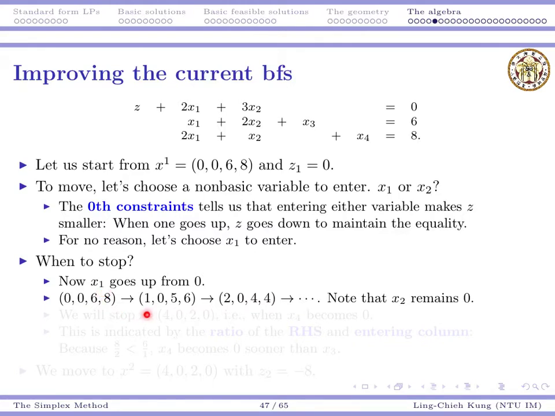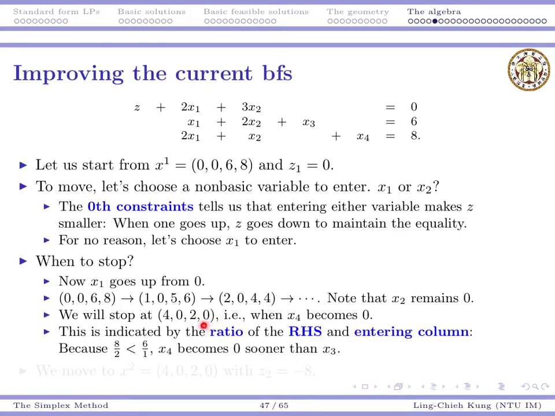If x1 is 1, then plugging that in, we know that x3 and x4 must go down to 5 and 6. Or if x1 is 2, then x3 and x4 must go down to 4 and 4, and so on and so on. And then we can see that when x1 goes up, eventually one variable will become 0. And we want to ask which one will become 0 first.